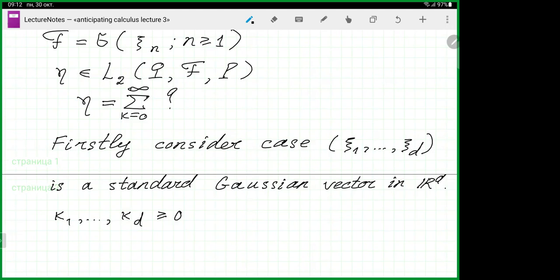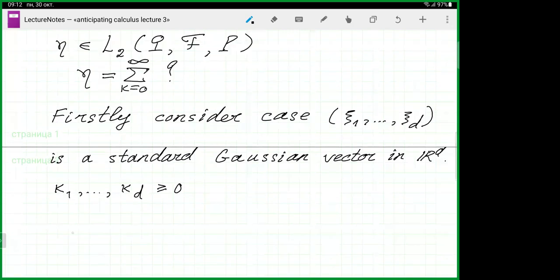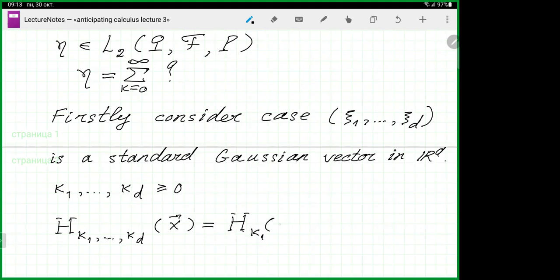Then I can define multidimensional Hermite polynomials as follows. H with indices k1, ..., kd, of the vector x, simply as H k1 of x1, H k2 of x2, and so on, H kd of xd.